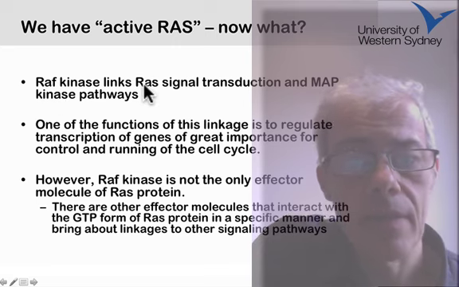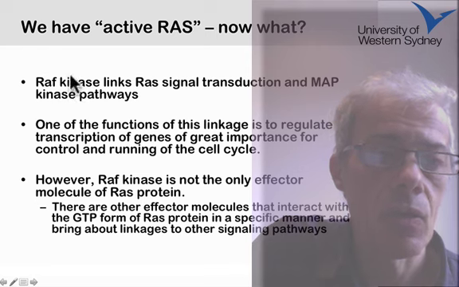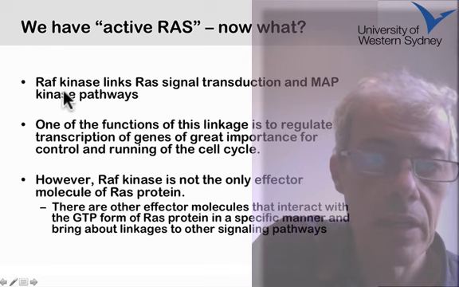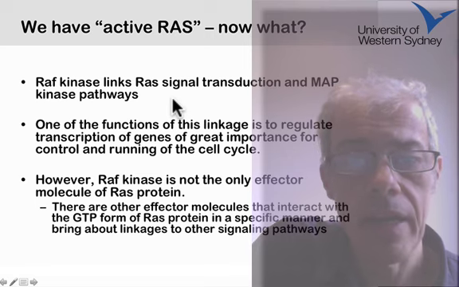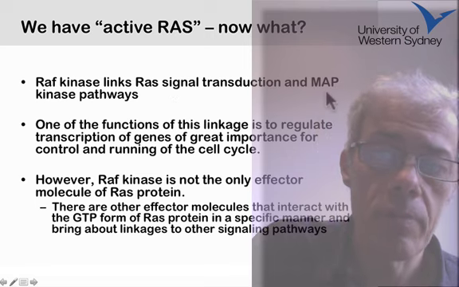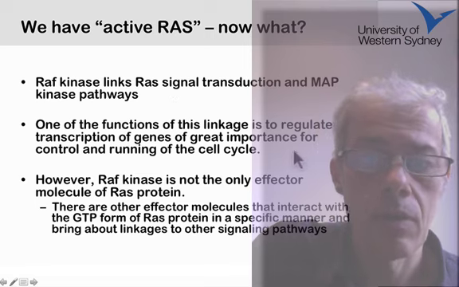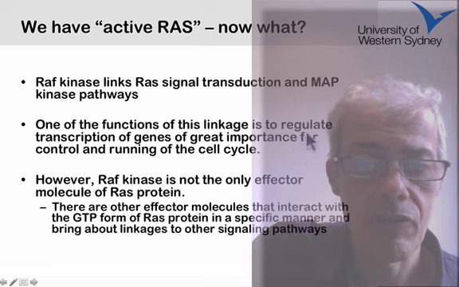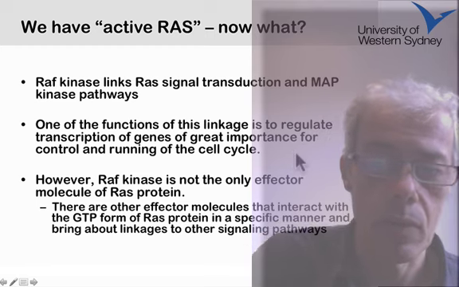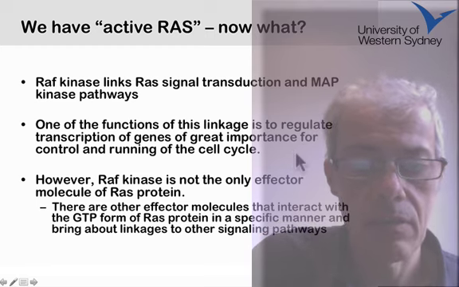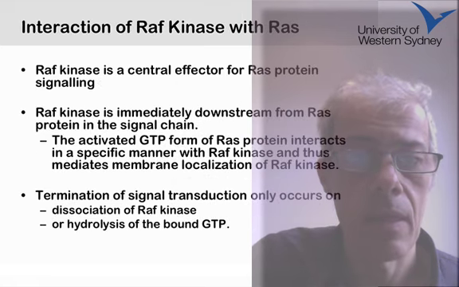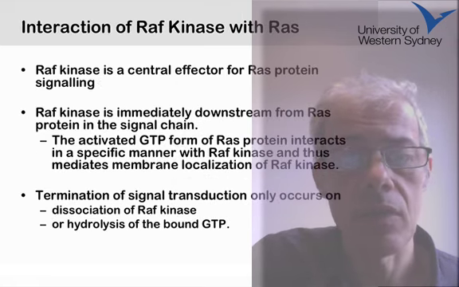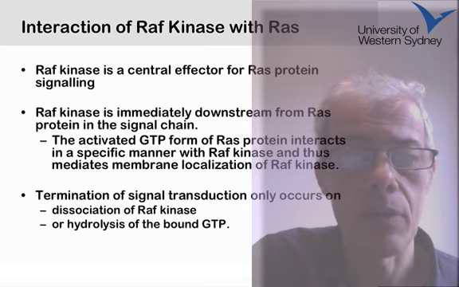So active RAS can activate or signal to the RAF kinase protein, and as you may recall, RAF kinase is the first step of the MAP kinase pathway. So we then have a series of events leading to gene activation and control of cellular processes. RAF kinase is one of the central effector molecules of active RAS.